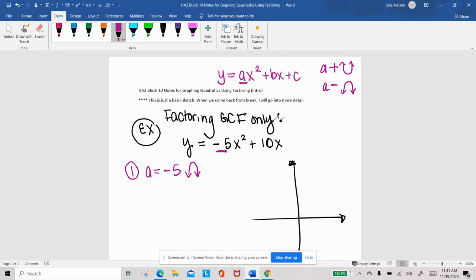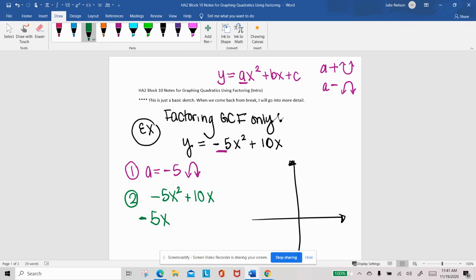Okay. The next thing you always want to do is look, do they have anything in common? That's called a greatest common factor. Do they have anything in common? Well, I noticed that the negative 5x squared and the 10x, they both divide by 5, and they both have an x.